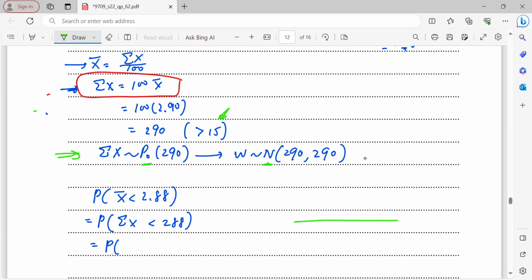Therefore, I will draw a line, mark 288, but since it's less than 288 it means that we will just take 287 or 286, all these values. Okay, and now you are allowed to plus or minus 0.5 from 288, which means I will either get 288.5 or 287.5. So obviously I have to choose 287.5 to include the two ticks.